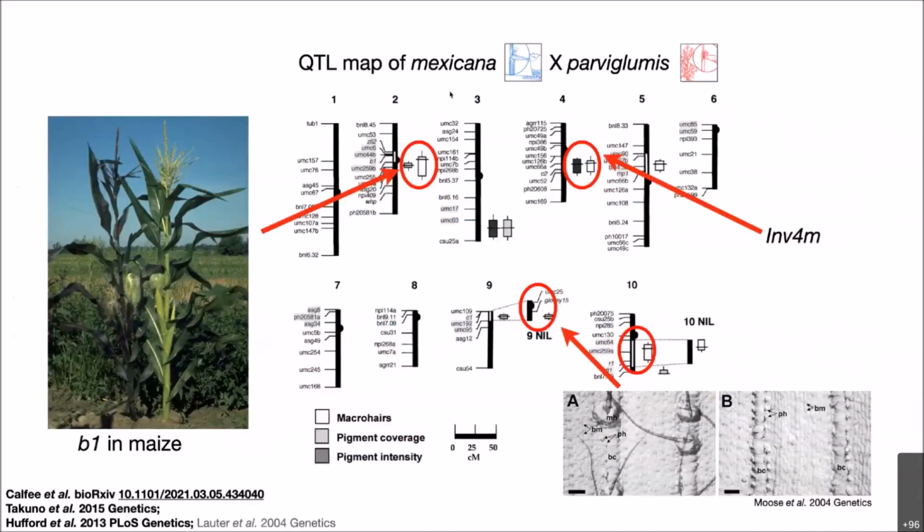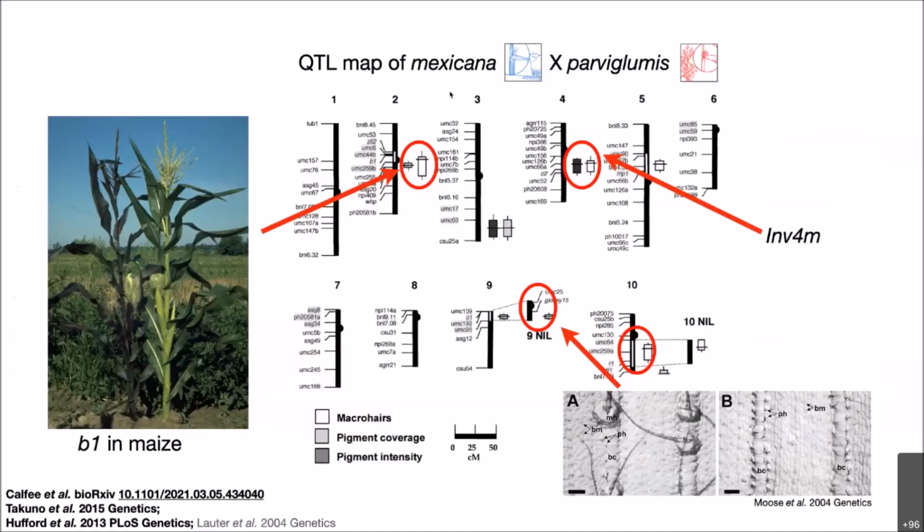And we find that 6 of the 9 QTL that overlap phenotypic differences between these are found to be ancestry outliers in our data, suggesting that the loci that underlie adaptive phenotypes that differentiate the two subspecies are enriched in regions that have introgressed from the highland teosinte into modern maize.